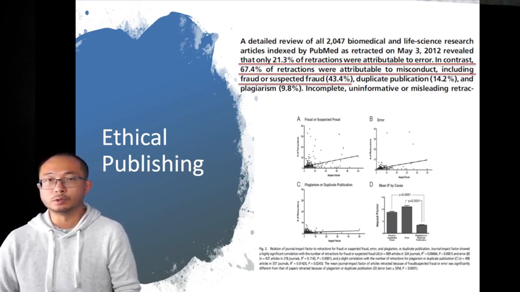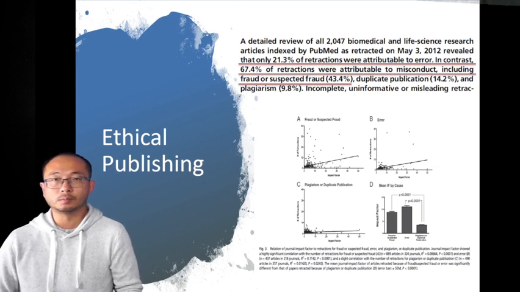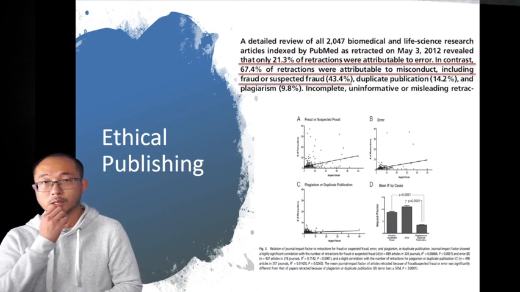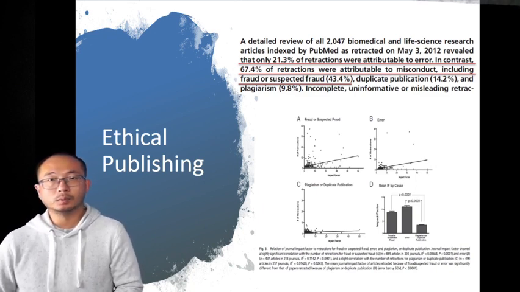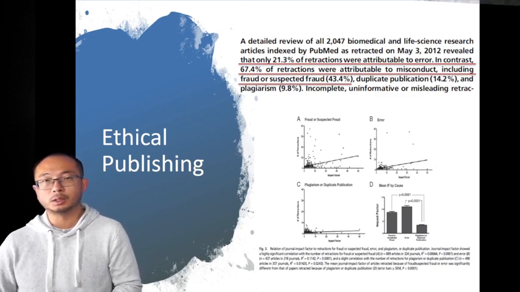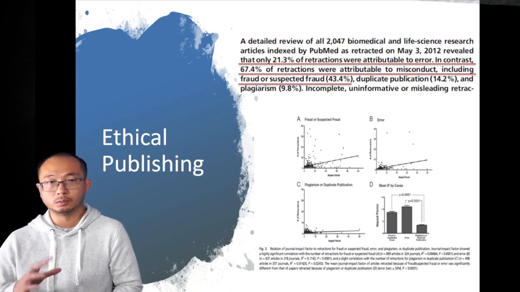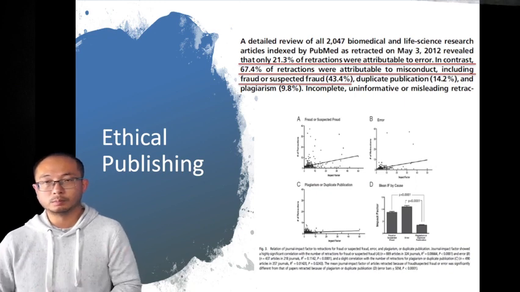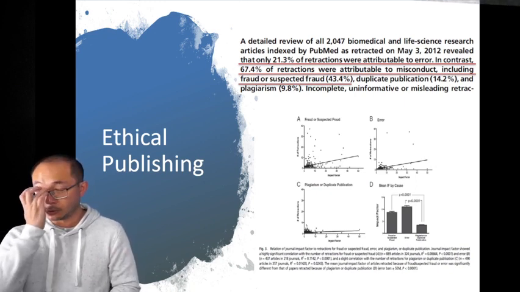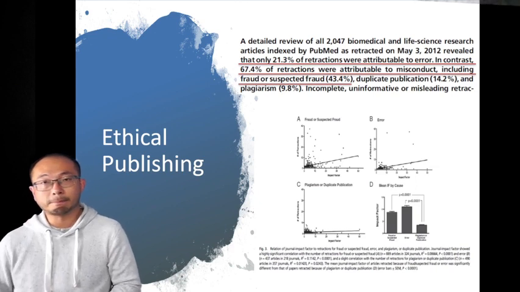And this is a review of biomedical and life science research that has been retracted. It found that only a small amount of retractions are attributable to pure mistakes, just pure human error.